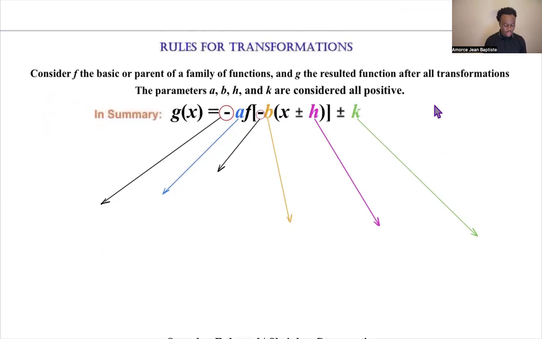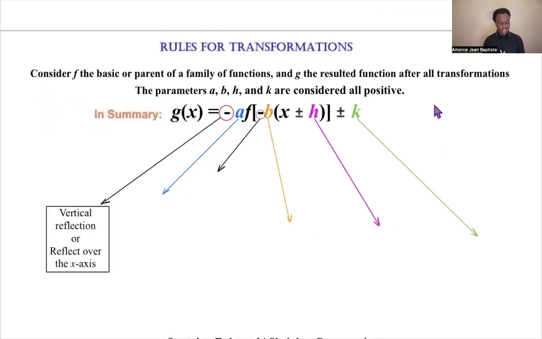A negative sign sitting outside means that you have what we call a vertical reflection, or reflection in the x-axis. This negative sign sitting outside of the coefficient of one of the parent functions we showed you earlier will mean that this graph is flipped over the x-axis.